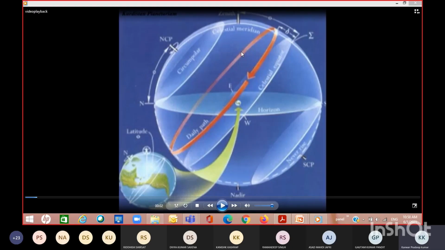So the sun is rising like this. The altitude is increasing till it reaches this point. When it reaches this point, after this, the altitude starts reducing. And when it comes here, we will say the body is setting.